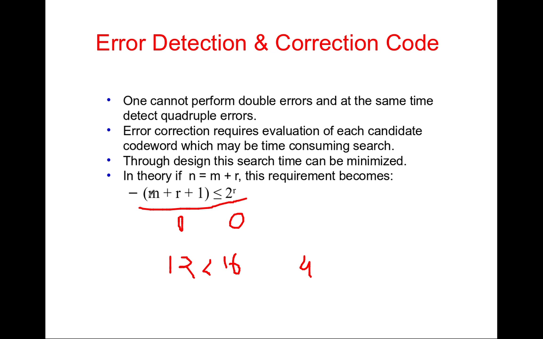This is how, for a given number of m data bits, we can calculate how many minimum check bits are required. So now m is 7, r is 4, so n will be 7 plus 4, 11. Okay.